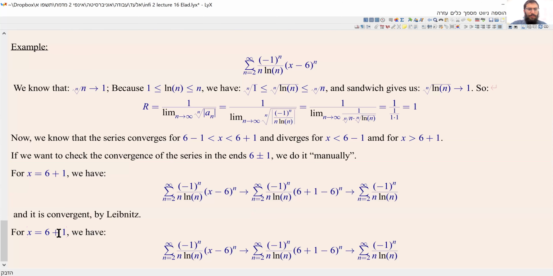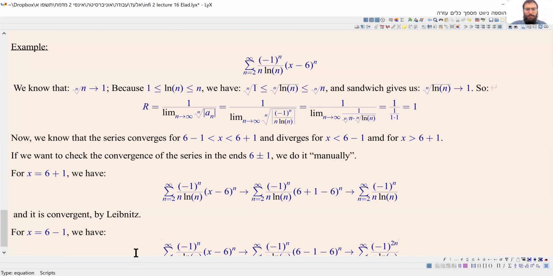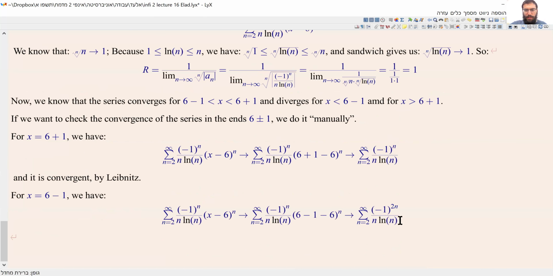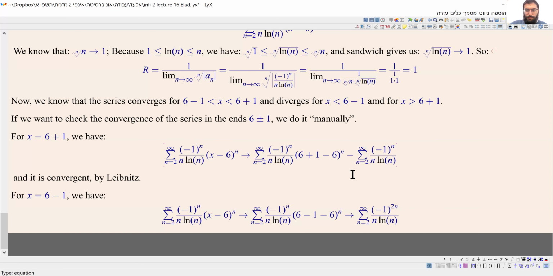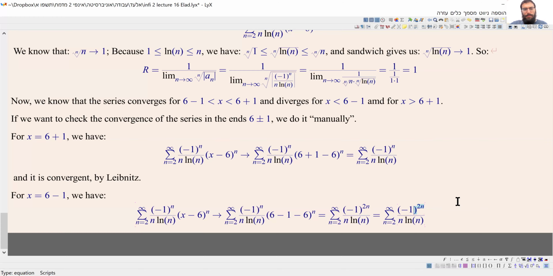And what happens for 6 minus 1? We have minus 1 to the power of n, multiplied by another minus 1 to the power of n, which is just this series of n ln n in the denominator.